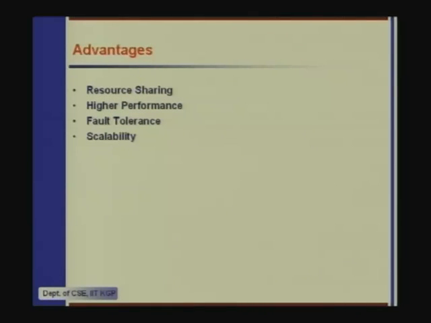The advantages of distributed systems are that we have resource sharing. If you have heard of cluster computing, where you have a cluster of machines, and you individually allocate those machines to individual students, each student is going to use a particular machine for X% of the time.